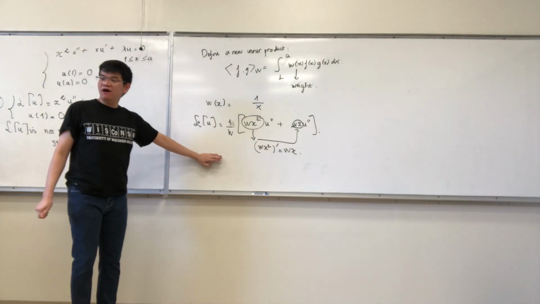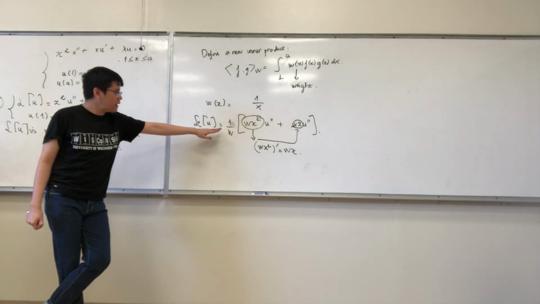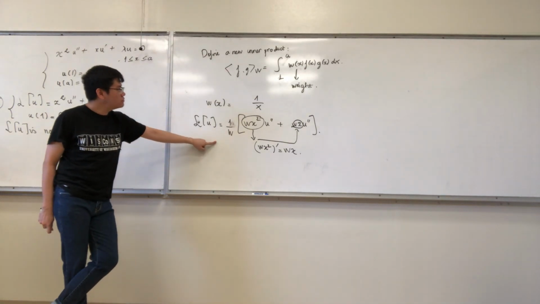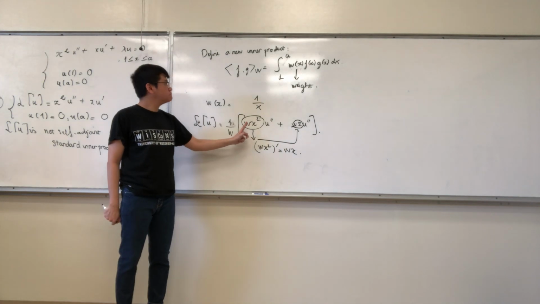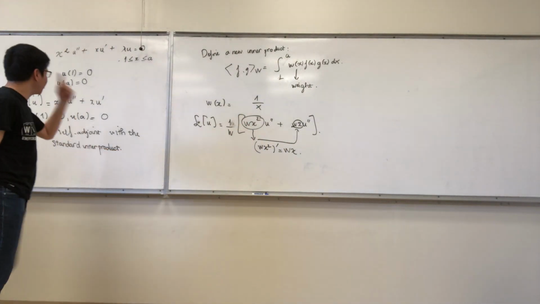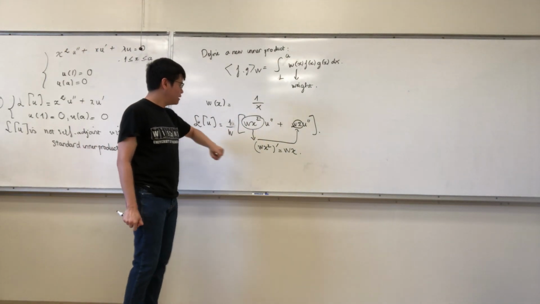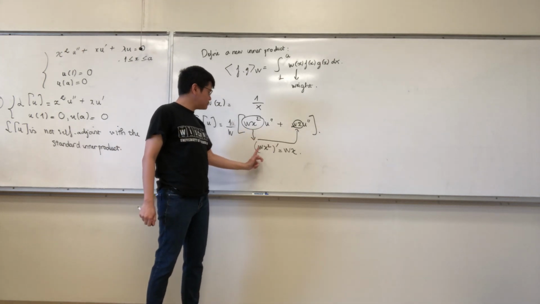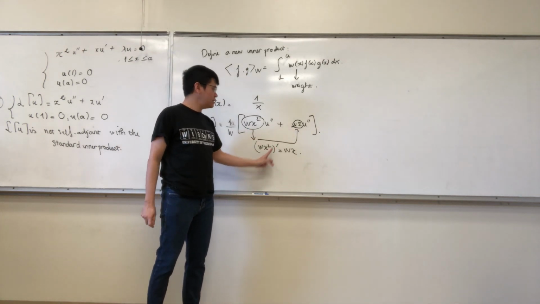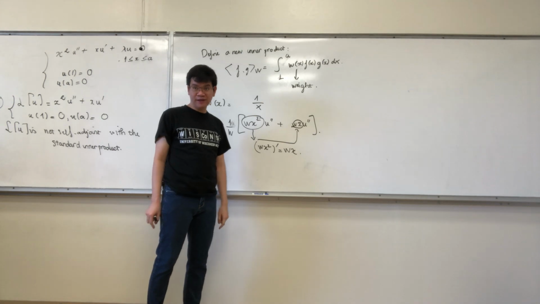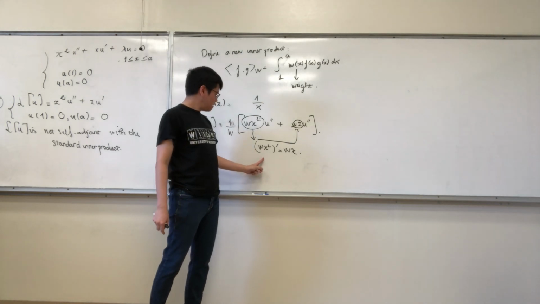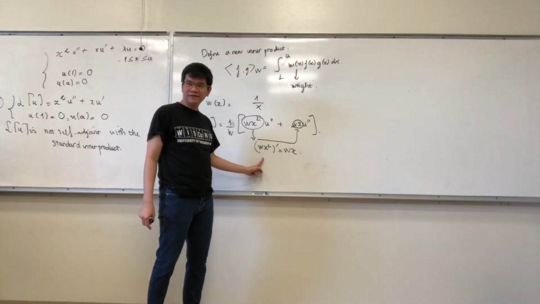So the key idea of finding w is that you divide everything by w, and then you multiply w with x squared, and you have to take the derivative of w x squared, and it's going to be w x, right? So I think 1 over x is good, right?